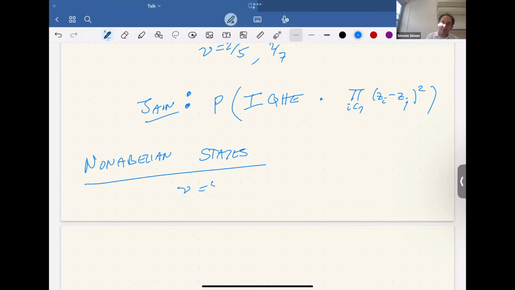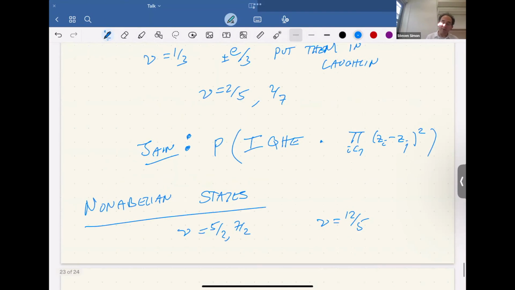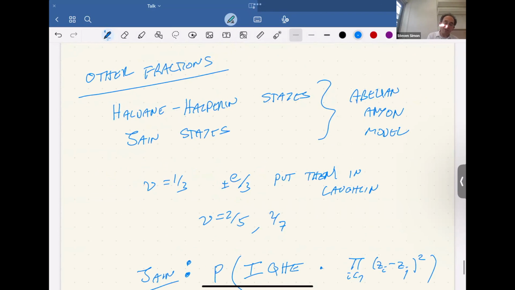Nu equals 5/2, 7/2. There are various different ways to describe them, but they have even denominators, which is kind of interesting. For all of these Jain and Halperin states, they all have odd denominators for electrons.